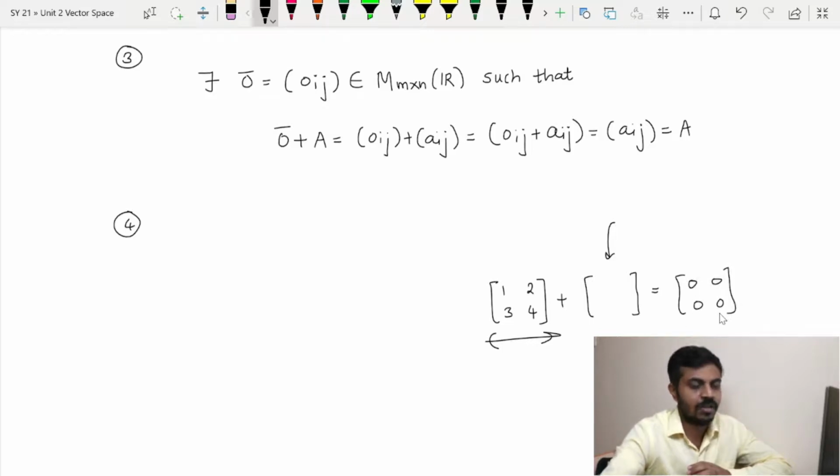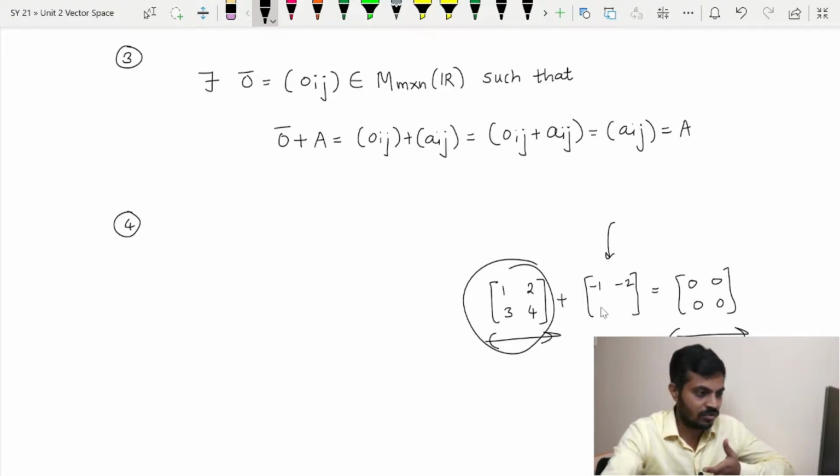That is the question, because according to the fourth property, for each u belonging to V, we should be able to find minus u belonging to V such that u plus minus u should be equal to that 0 vector. For 2 by 2 matrices, this is our 0 vector, right? So can you guess which matrix I should put here?